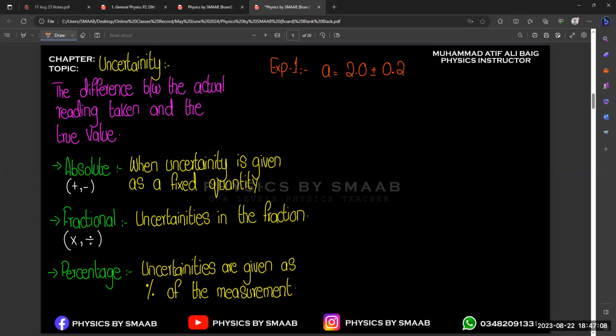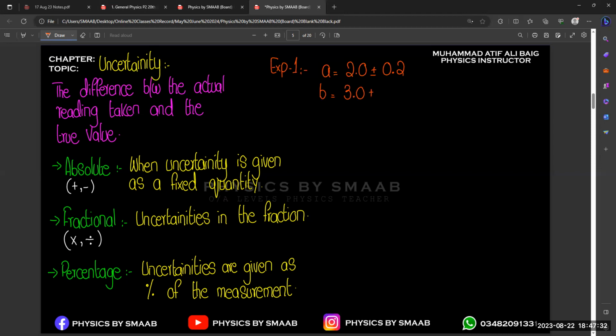So basically this plus minus is the uncertainty, right? Because there is a range of values: it might be 1.8 if we subtract 0.2, and it might be 2.2. So there is a range between 1.8 and 2.2.